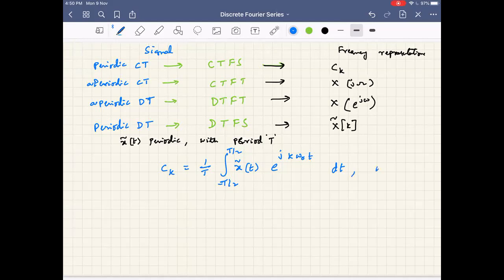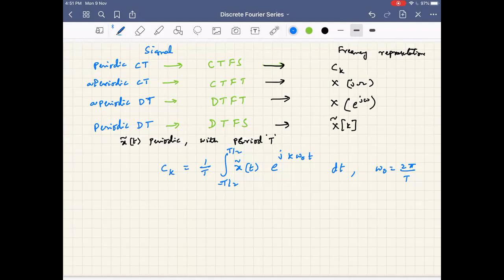And we can see that here omega naught is equal to 2 pi by capital T, where T is the period of the signal x tilde of t. And this is the fundamental frequency. And these are the different frequency components of it, the frequency coefficients in frequency domain. Now you can see that these frequency domain coefficients will be separated by omega naught, because this ck represents the strength of the k omega naught frequency.